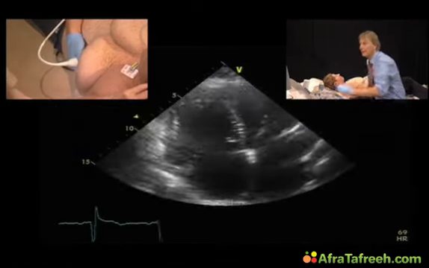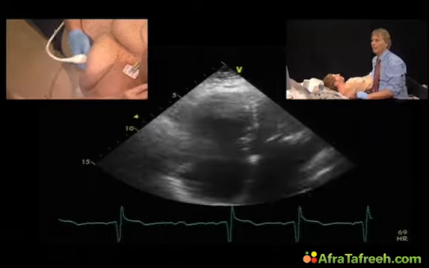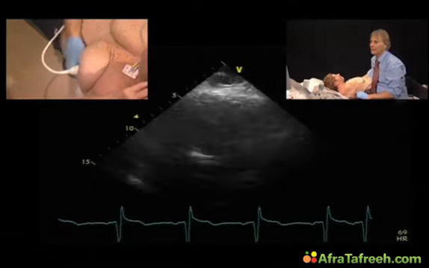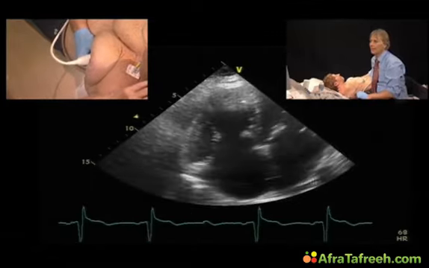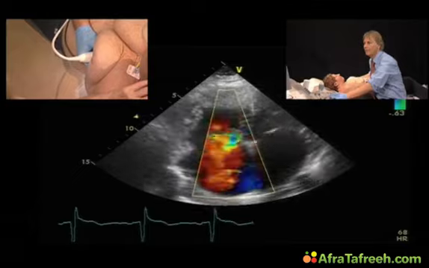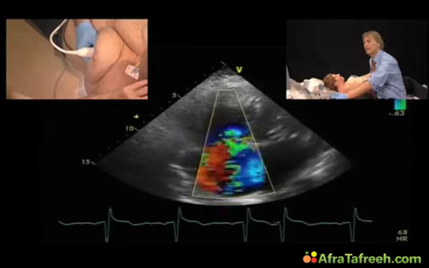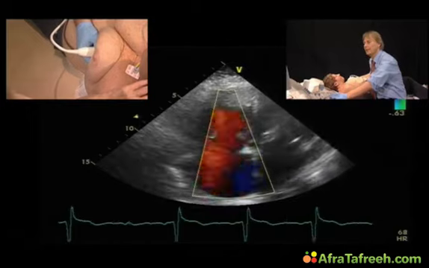And finally, if you do not get a good signal from the apical view, I would recommend that you move up one intercostal space. If you move up one space, sometimes you also get a better jet, not in this case, and sometimes higher velocities.